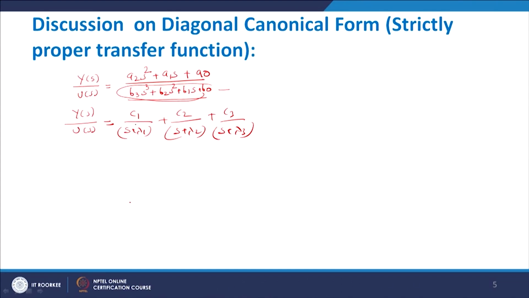Here we have written the transfer function in terms of s plus lambda 1, lambda 2, lambda 3, and that means we should know the eigenvalues of this denominator, that is lambda 1, lambda 2 and lambda 3.